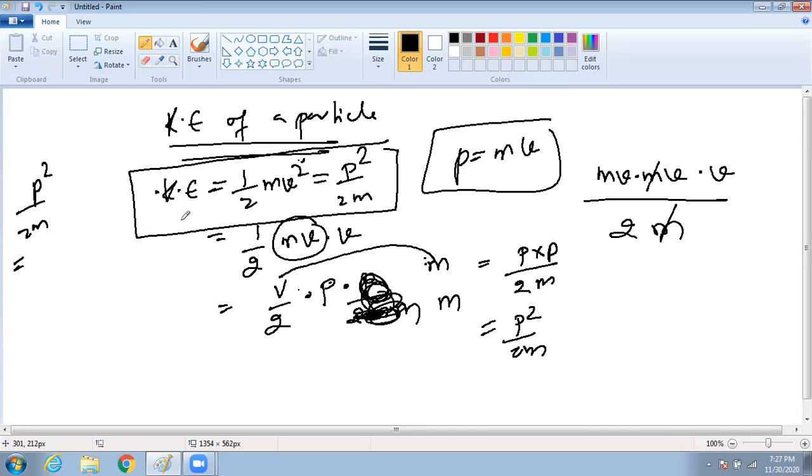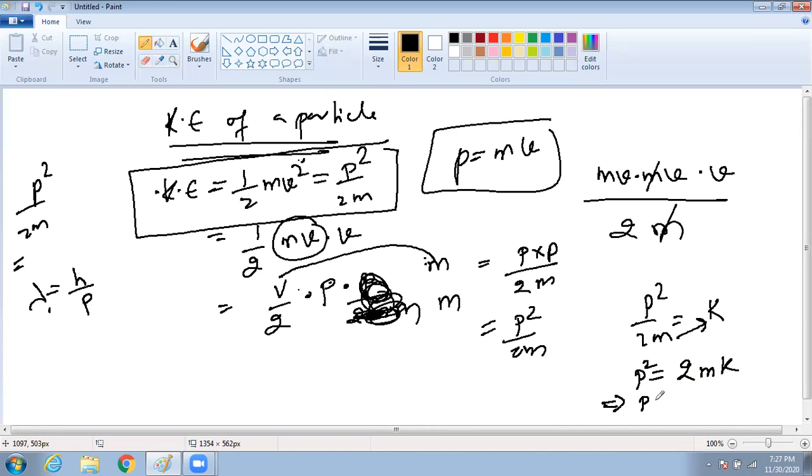Clear? So now I can write, my formula was lambda equal to h by p. Now, p square by 2m is equal to kinetic energy. So can I write p square as 2mk? Cross multiply. Then p will be root over 2mk.